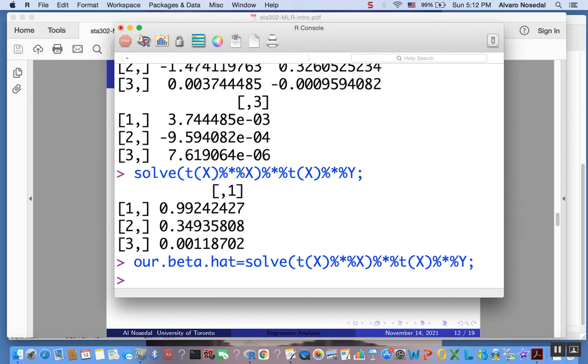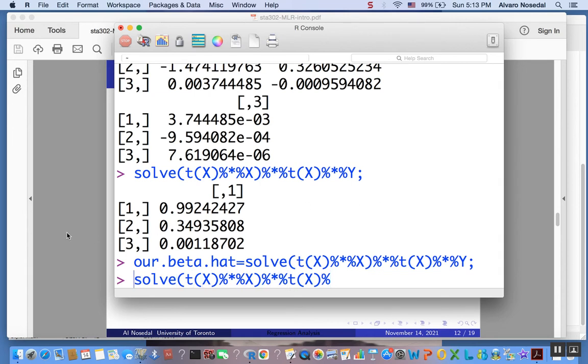Now, we were saying that we could use the H matrix to obtain the predicted values, right? So let's check that the theory works. So let's define that matrix H, and maybe something that we have here will be useful. Yeah. So let me borrow some of this.